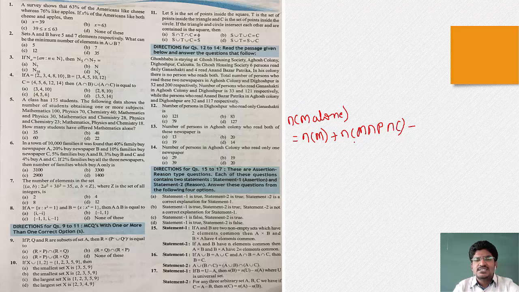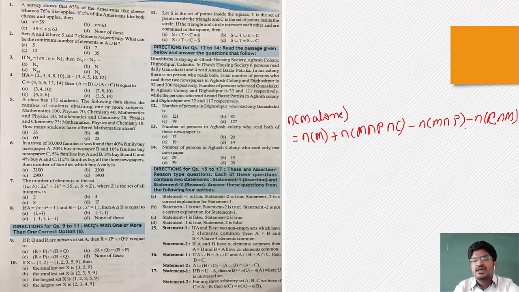After adding this, you have to subtract n of M intersection P and n of C intersection M, because here both the students who are studying maths and physics will be present, and here both the students who are studying chemistry and maths will be present.